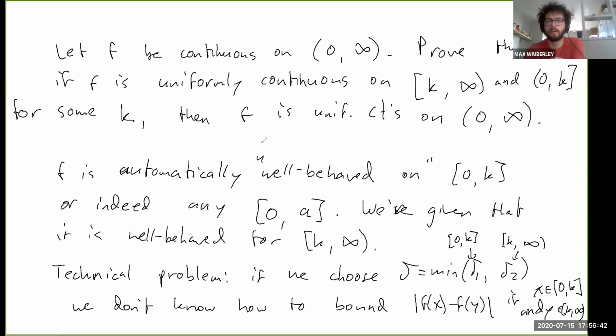In fact, how can you very quickly solve the new problem if you take for granted our solution of the previous version of the problem? Say we already solved the previous version where this was a closed endpoint. How can you in one sentence solve the new version of the problem as it's stated?